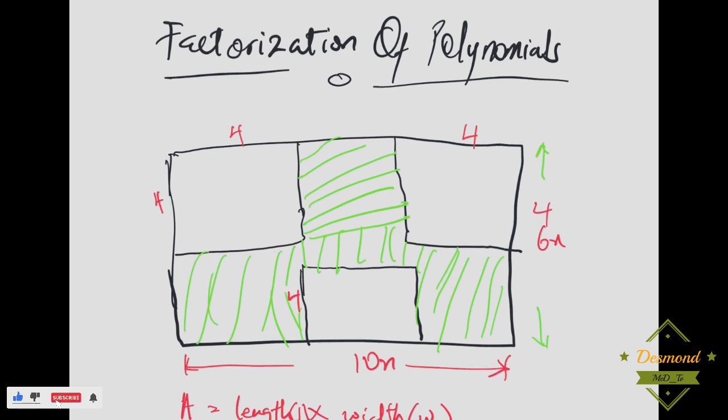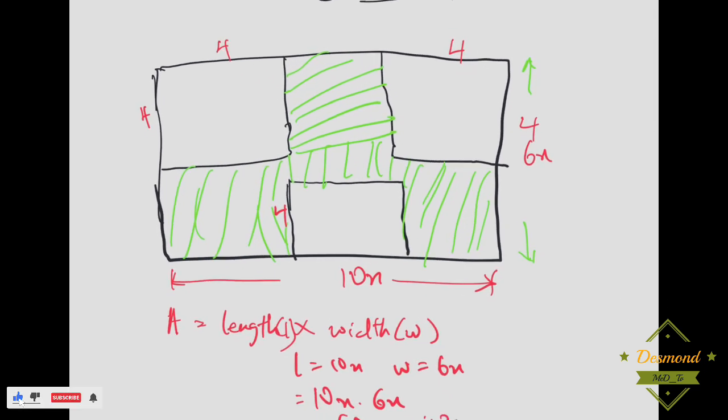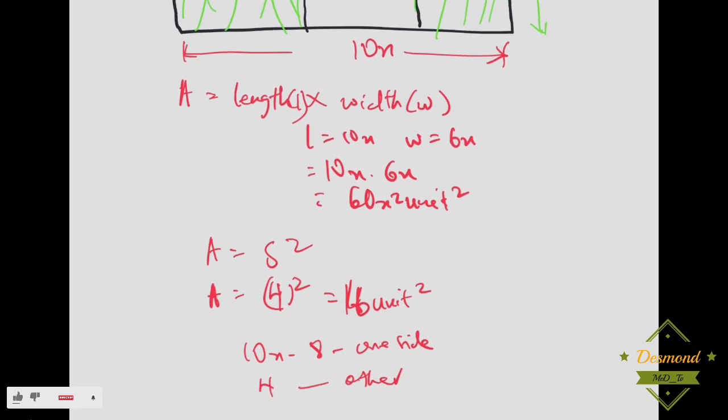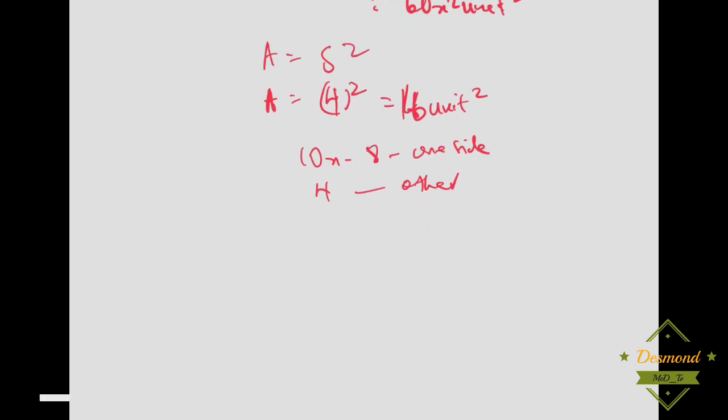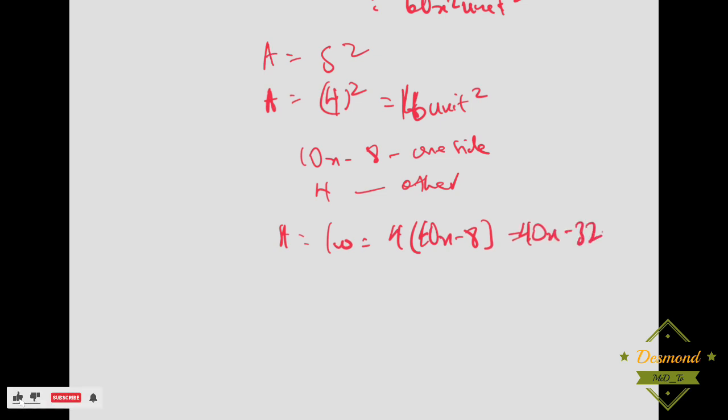Now with that, the area of that rectangular part is length times width, right? So we should get the area to be length times width, which is 4 multiplying 10x minus 8, and we get 40x minus 32 units squared, right?